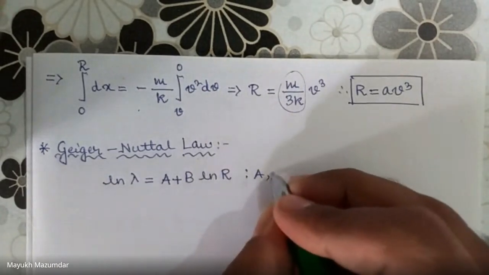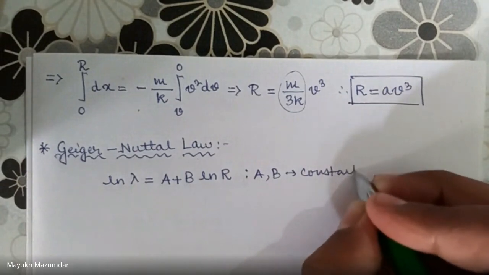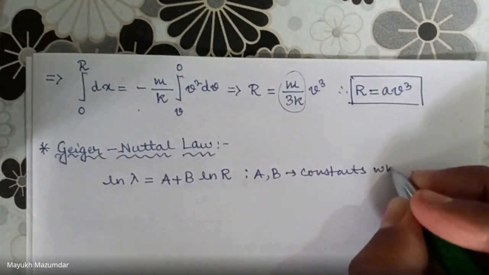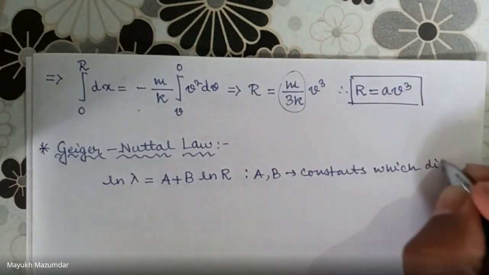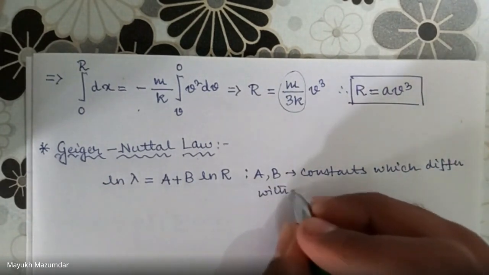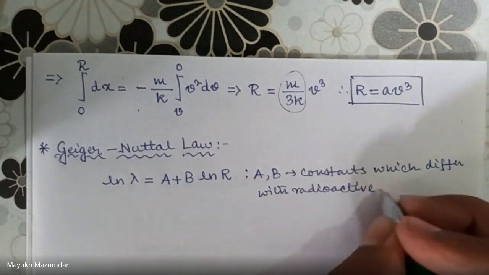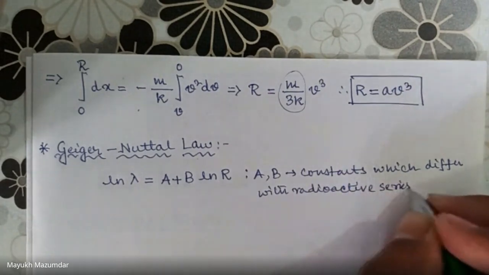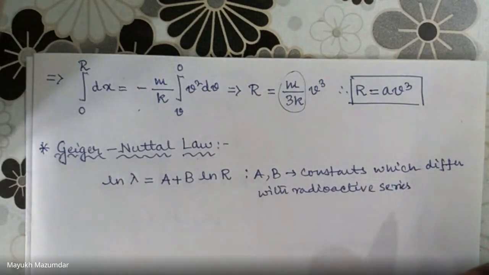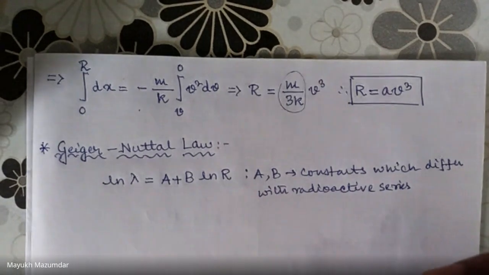Now a and b are constants which differ for each radioactive series, that is whether your series is thorium, uranium, actinium, neptunium, whatever series it is. According to that, these constants will vary.